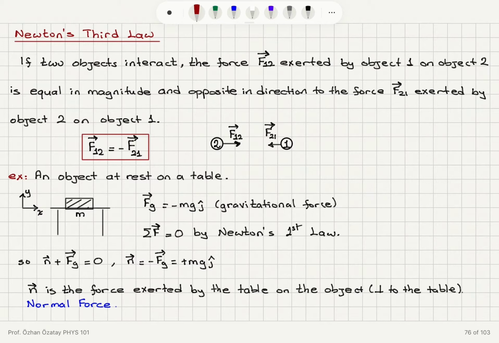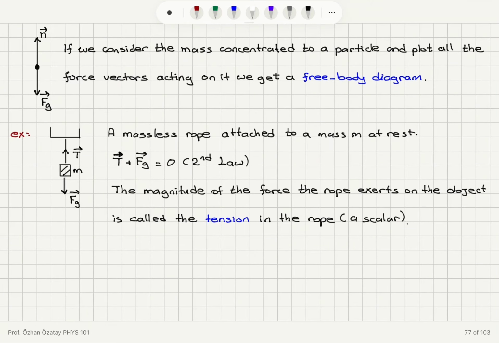So Newton's third law is also known as the action-reaction law. The action is the mass m exerting a gravitational force on the table. The table shows a reaction by exerting a normal force on the mass.